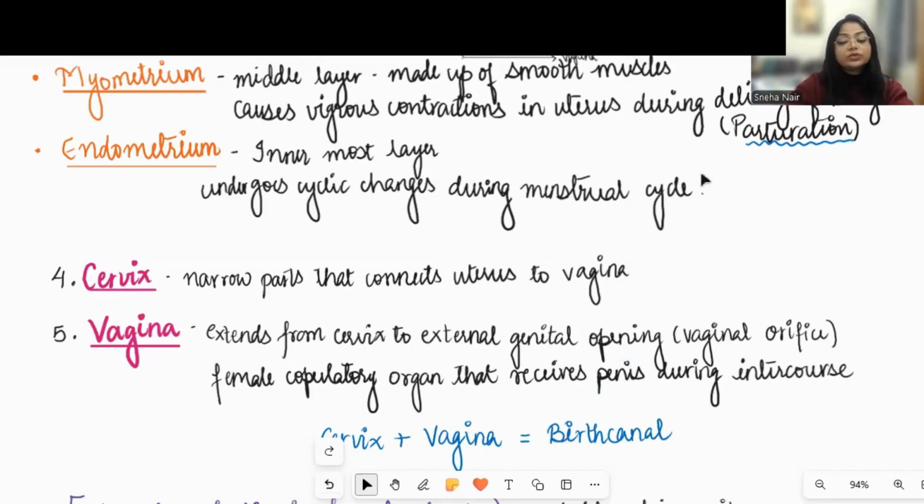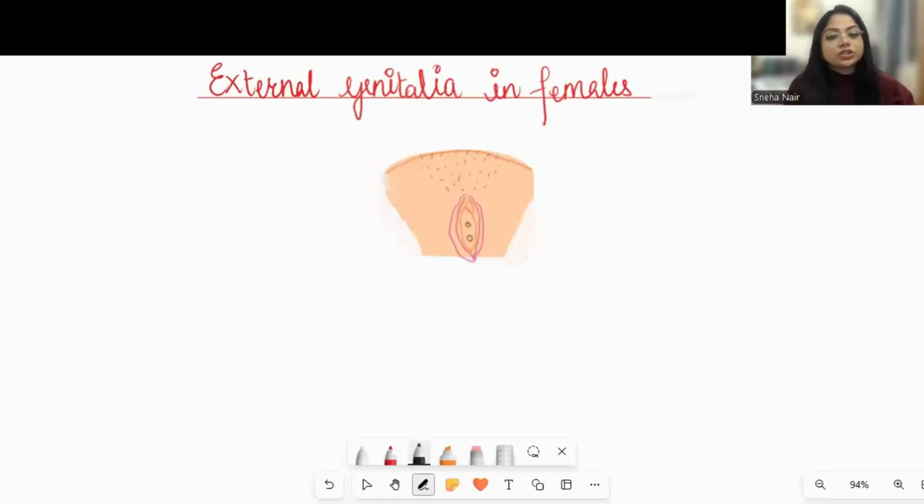Now let us quickly move to the external genitalia. The female external genitalia consists of the mons pubis. The mons pubis is the fleshy part which is covered with pubic hair. As the female hits puberty, there is growth of hair in this area.